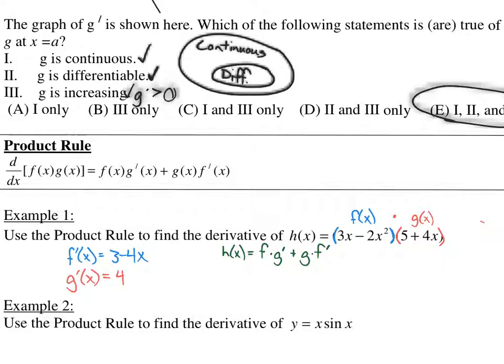Alright, so now it's just a matter of filling that in. H prime of x is f, which is 3x minus 2x squared, times g prime. Well, g prime we got over here, that's 4.